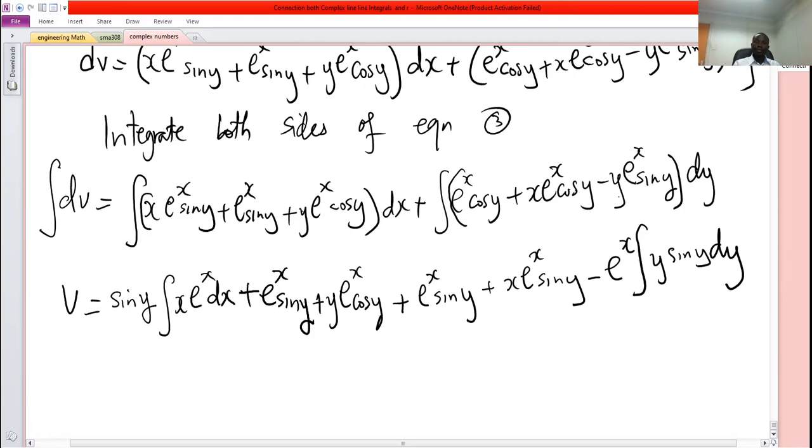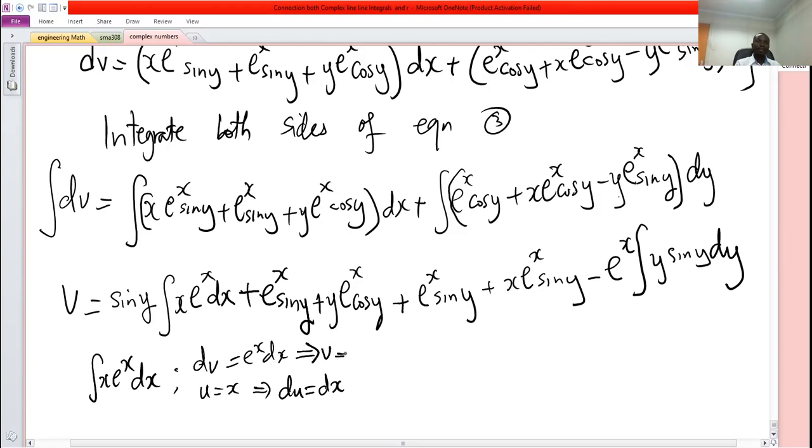So let's use integration by parts quickly to integrate this part. So x e raised power x dx. If we let our dv be e raised power x dx and our u to be x, then this means du equals dx. And here v will be e raised power x.